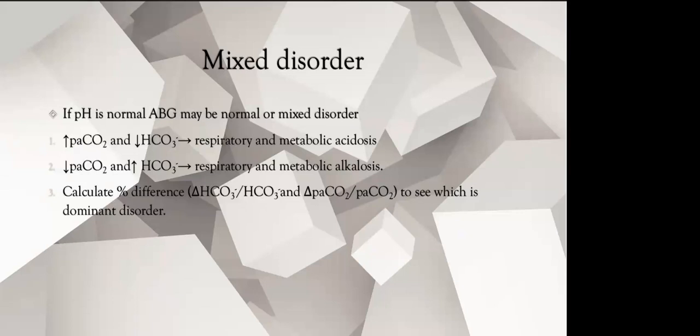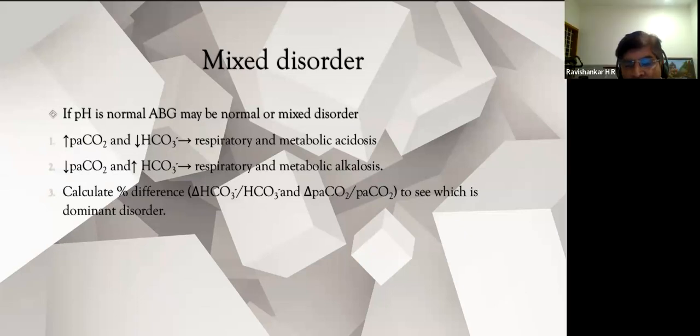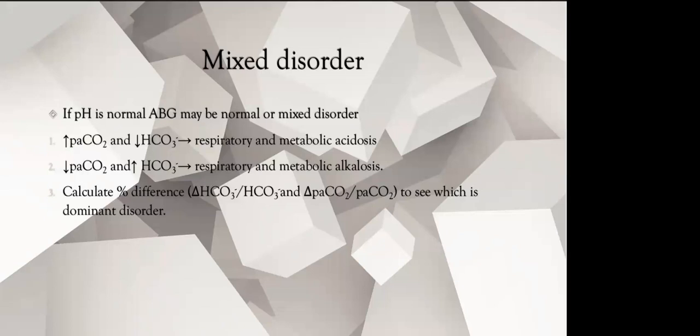But the one which is increasing more will be considered dominant, sir. What do you mean? If carbon dioxide and bicarbonate are increasing at the same level, sir, but whichever one, bicarbonate or carbon dioxide, has the greater difference from the normal value will be considered the dominant one, sir.